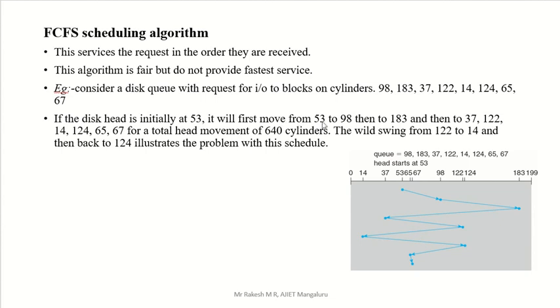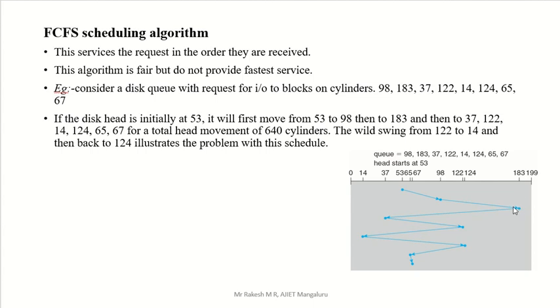It will first move from 53 to 98, because that is the first task. So 53 to 98 you have to move like this, and whatever service is required by the user from block 98, serve that. Then the next block asked is 183, go to 183.